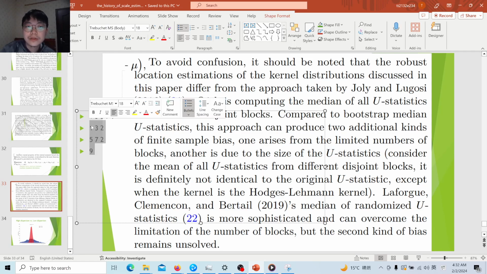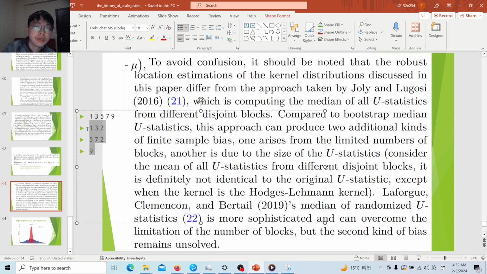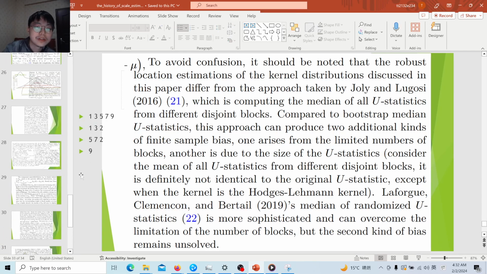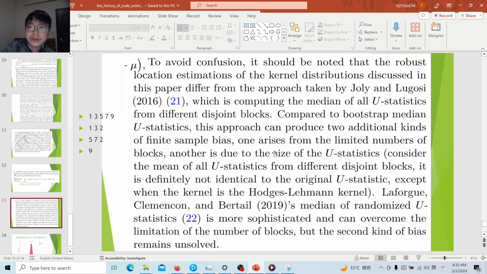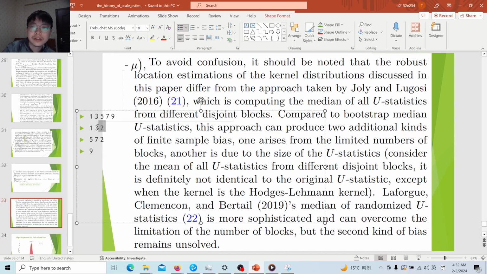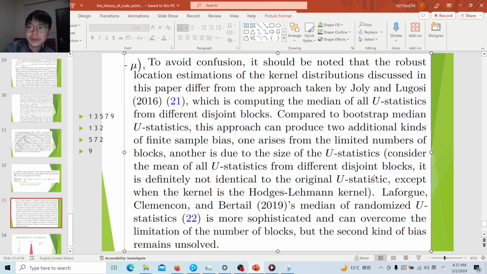This approach is obviously very different from ours, because it produces two kinds of finite sample bias. One is from the number of blocks: here the sample size is just 3, but if we consider the pairwise differences, the number will be much larger. The other is because the block size is also very small, 1, 3, right? This will not have an impact only if it is the Hodges-Lehmann kernel.